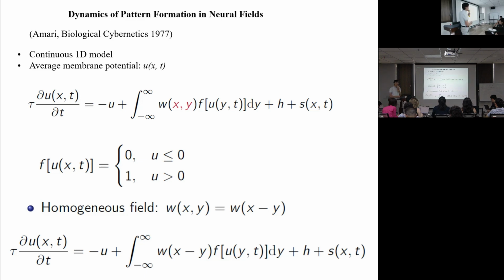So this model is called the neural field model, okay? You may read some papers, people talking about spiking neural circuit models, and the neural field model, and also the neural mass model. So for the homogeneous field, we assume the coupling strength, which is w, is only dependent on the distance between two neurons or between two populations.